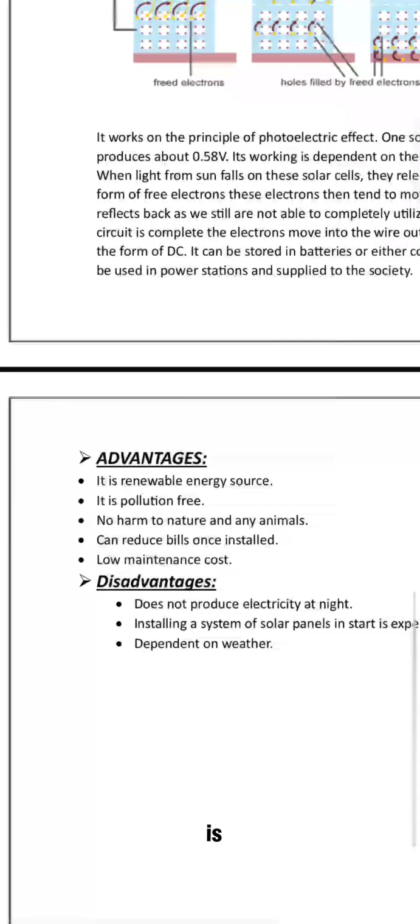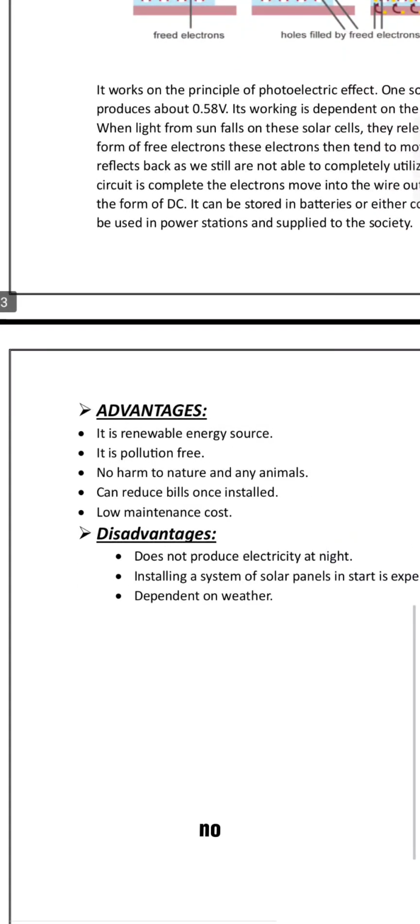This solar panel is quite efficient in that case. No harm to nature and animals. So of course, when there is no air pollution, there is no harm to nature and animals. It can reduce bills once installed. So this is the tricky point.